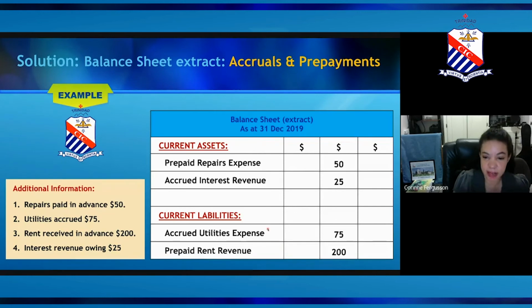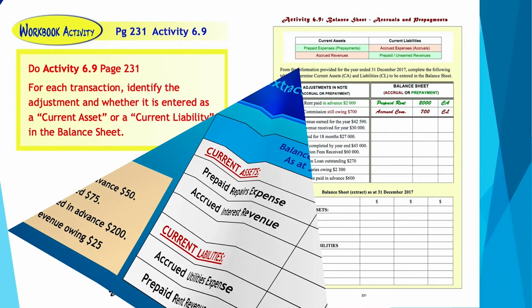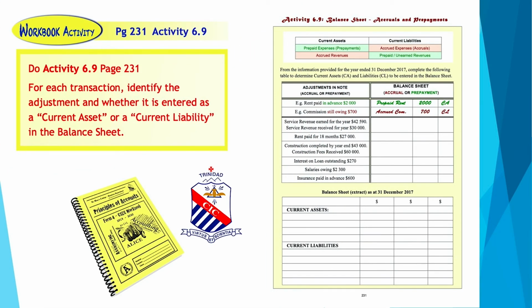That is a current liability because you have not earned it as yet, right? So $200. And this is what your balance sheet would look like without the other things. So a balance sheet extract. This is what it would look like. And that is the activity that you have to do now.